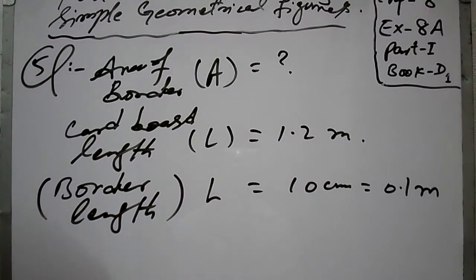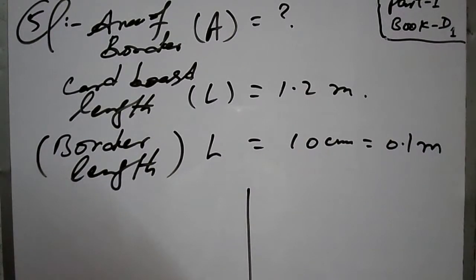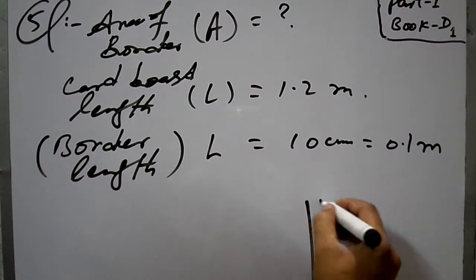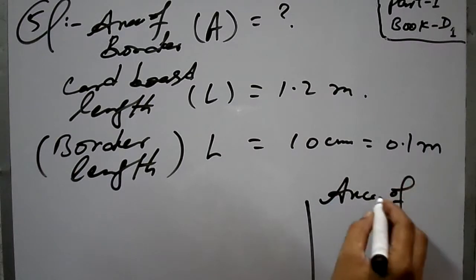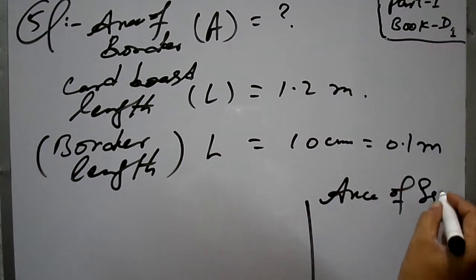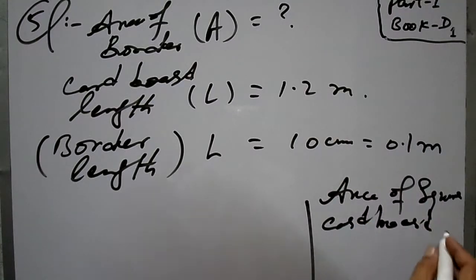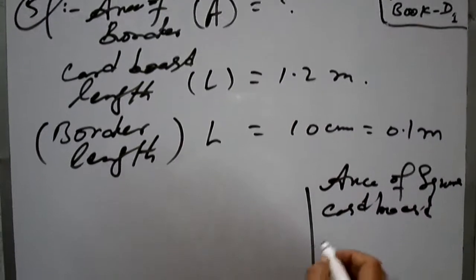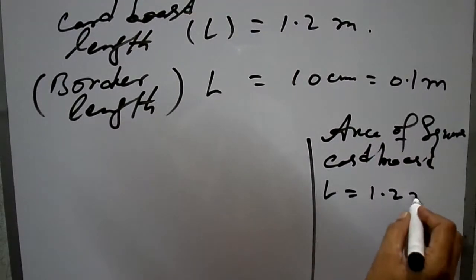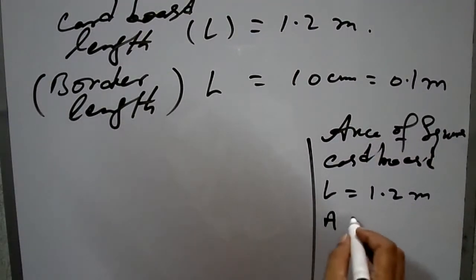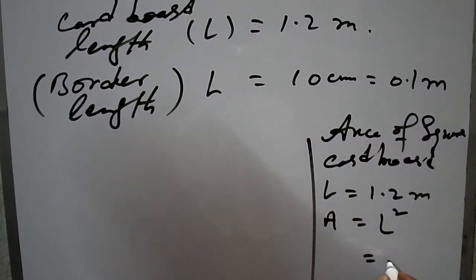So first of all, it should be divided into two parts, that is area of square cardboard is equal to, length is 1.2 meter, area is equal to L square, so I have to put the values and take the square.